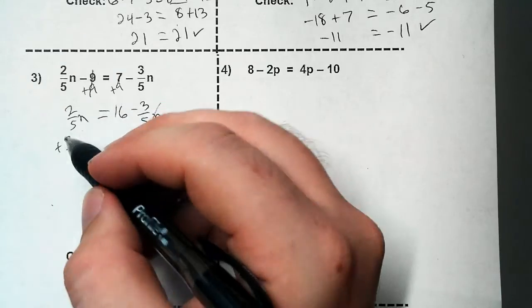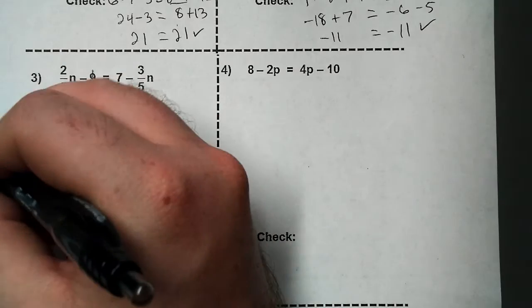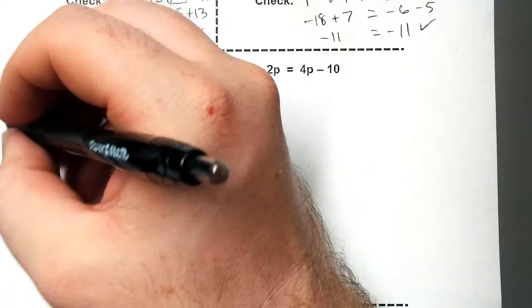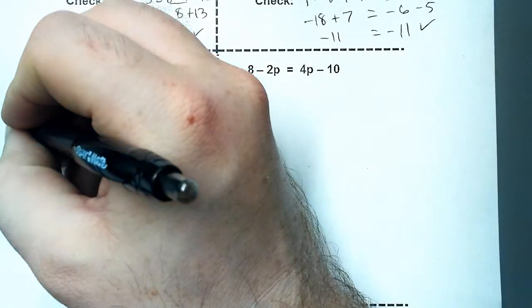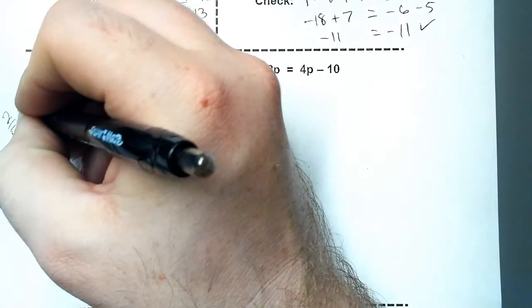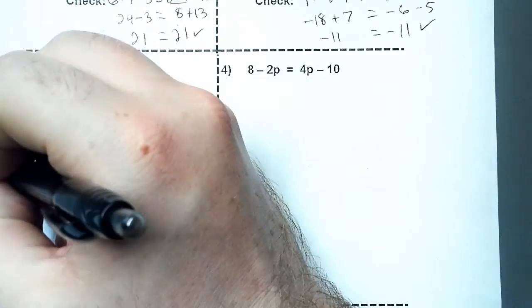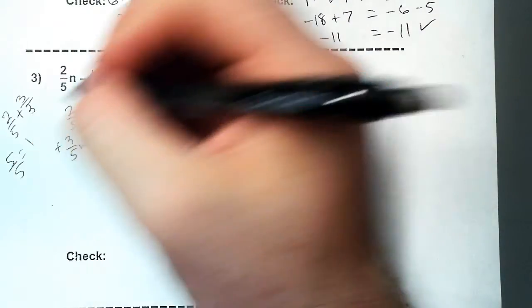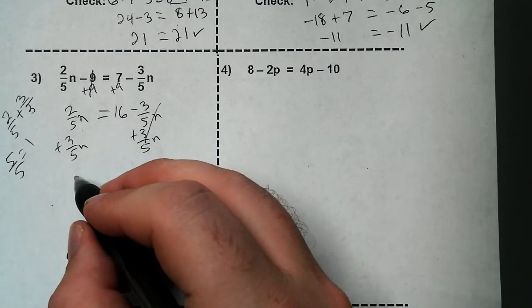Now 2/5 plus 3/5. Remember, when we add fractions, you only add the numerator. They have to have the same denominator. And 2 plus 3 is 5, and 5 divided by 5 will just give me 1. So all this comes out to is just 1n.